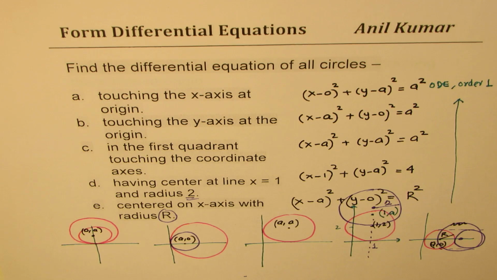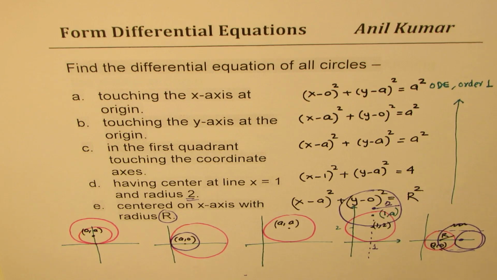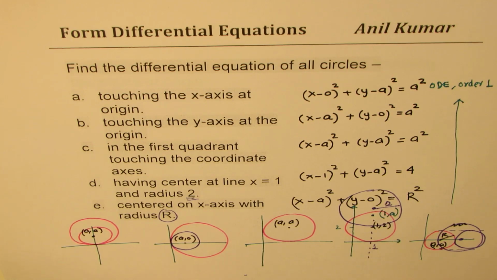So we are looking for ordinary differential equations of order 1 to represent all these conditions. I hope this point is absolutely clear. You can now work on these equations and get the differential equations relating each family.